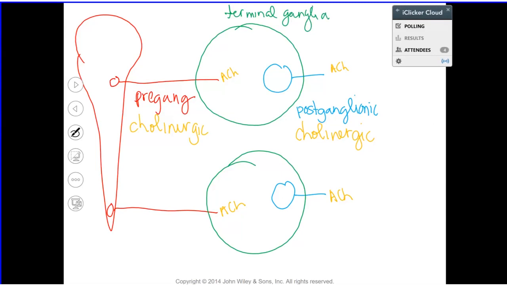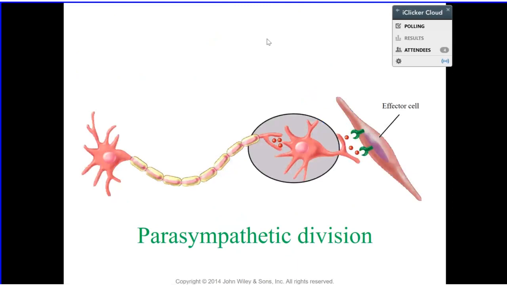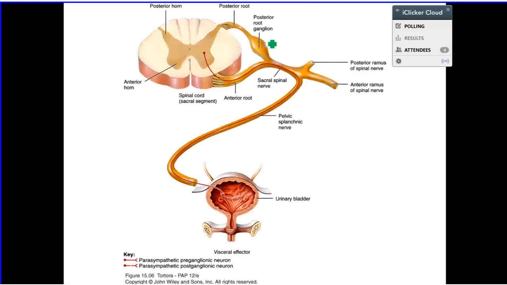The terminal ganglion are going to be found at the end of the pathway or in the effector organ.